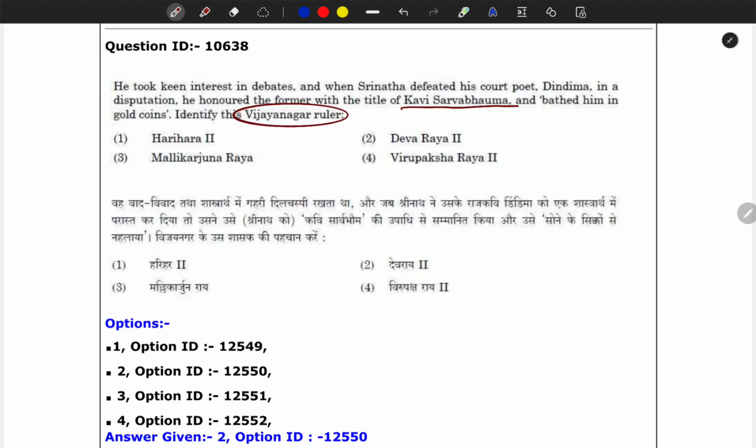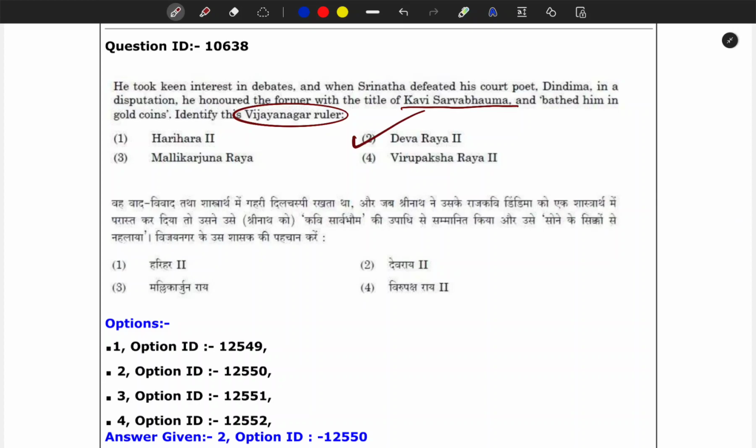For me also this was a very difficult question, because I don't know this many facts about the Vijayanagar kingdom. If you know, it is very good, but for me, whenever there is an option Krishna Devaraya, I will always mark that option, because they contributed immensely to the development of the Vijayanagar kingdom, and they were very famous.